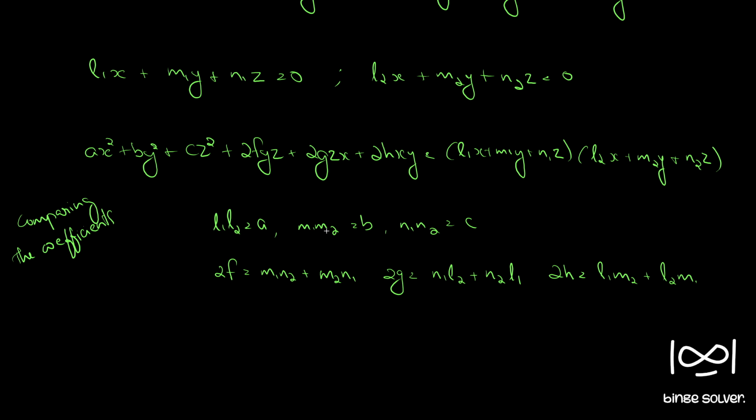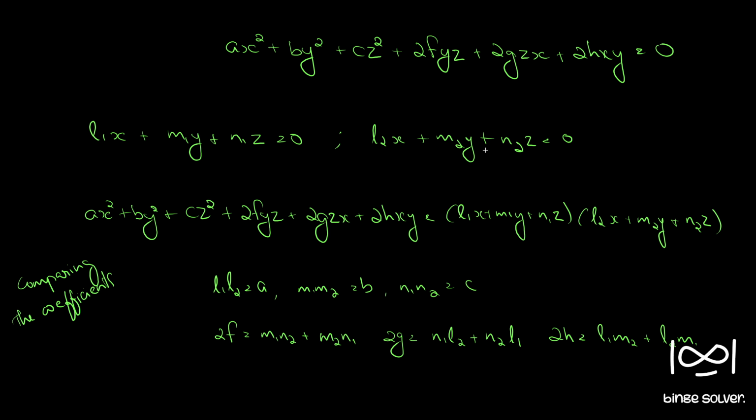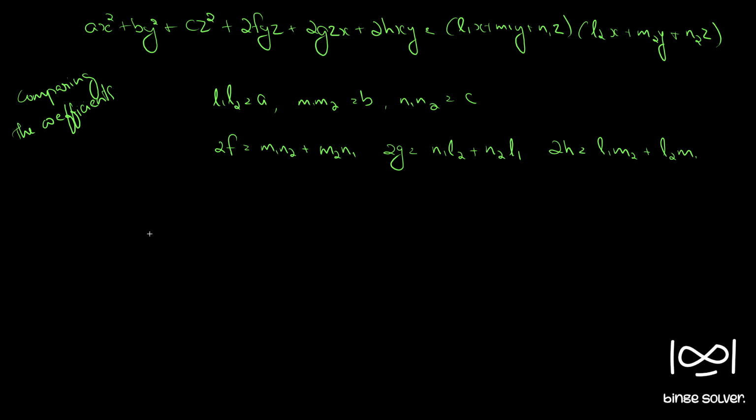For that, we know that L1, M1, N1 and L2, M2, N2 are the direction ratios of the normals. So from that, take the determinant with rows L1, M1, N1, then L2, M2, N2, and 0, 0, 0.